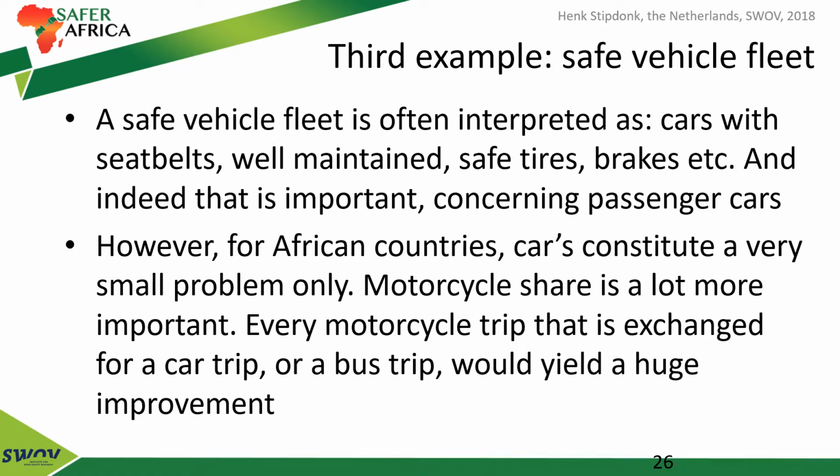My last example of a suitable SPI is a safe vehicle fleet composition. In many high-income countries, a safe vehicle fleet is considered a passenger car fleet with a high average Euro NCAP score of cars. But in many low and middle income countries, most of the fleet consists of power two-wheelers. And although these are very practical and very efficient, they are not in the least safe.